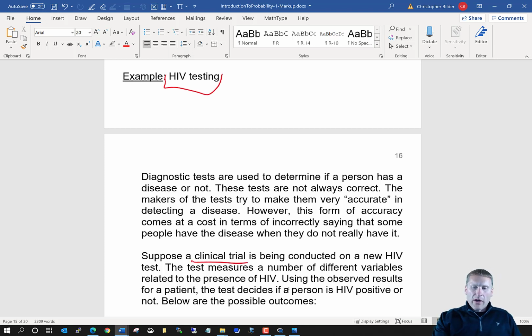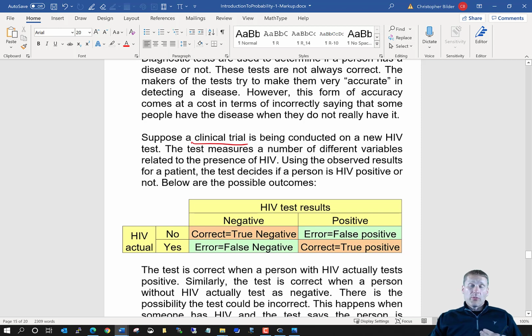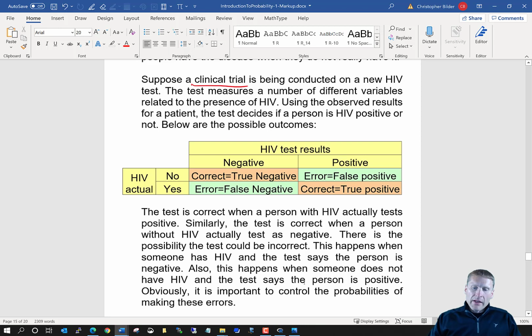Suppose a clinical trial is being conducted on a new HIV test. What we want to do with this new HIV test is hopefully minimize the probabilities of having these false positives and false negatives. Let's say we have a table like what we've seen previously, where we have the HIV test results as either negative or positive on the columns.